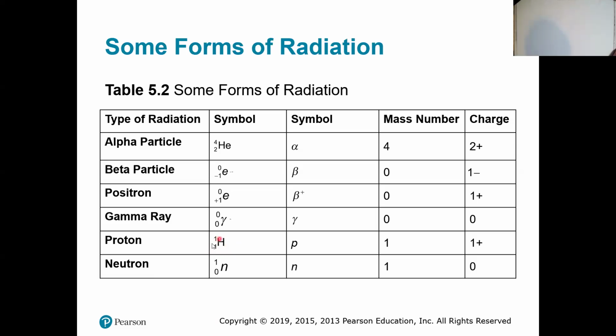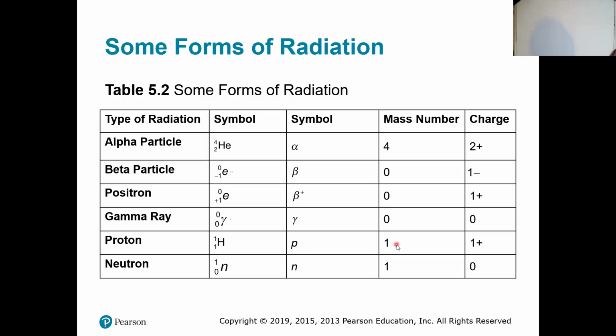This is the nucleus of a hydrogen atom, so it's going to have a +1 charge. We can also represent it with a lowercase p. Sometimes people put a lowercase p with a little plus sign up here. Those can all represent a proton.